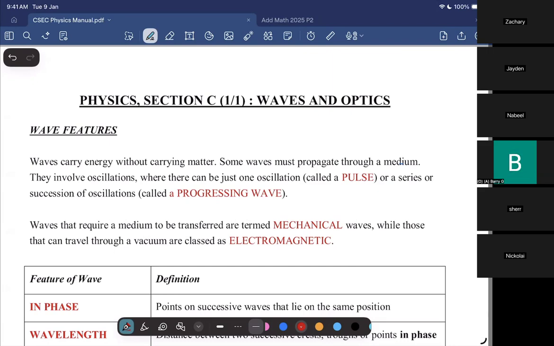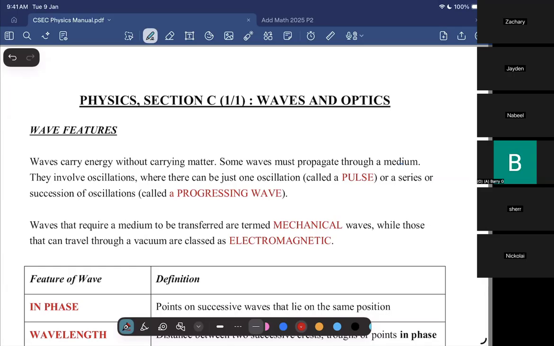Wouldn't you take your ear and put it against the desk and you might hit the desk? Did that ever happen? Yes, sir. And when you hit the desk, do you hear the sound? Yes, sir. So the sound was propagated through a medium. The sound waves were carried through a medium, in that case, the wooden desk.